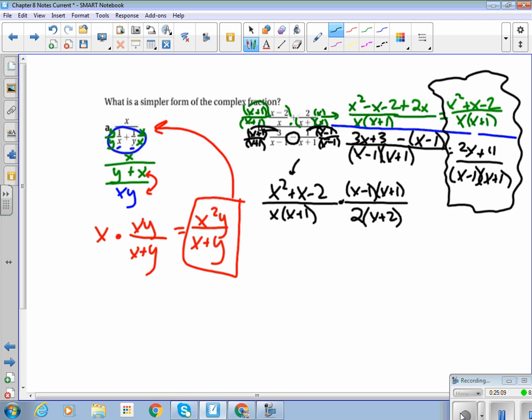Go ahead and cheat and factor that out. 2 and x plus 2. How does this one factor here? What two numbers multiply to give me negative 2 and add to give me 1? Multiply to give you negative 2, add to give you 1.